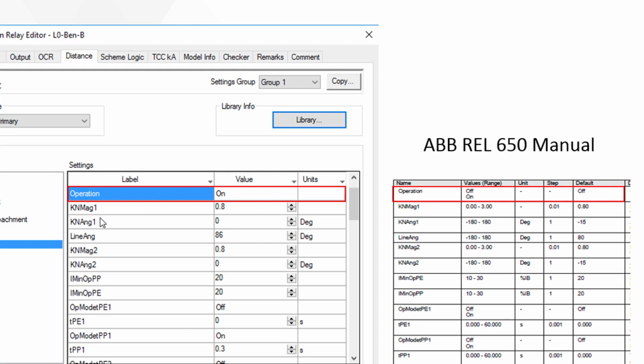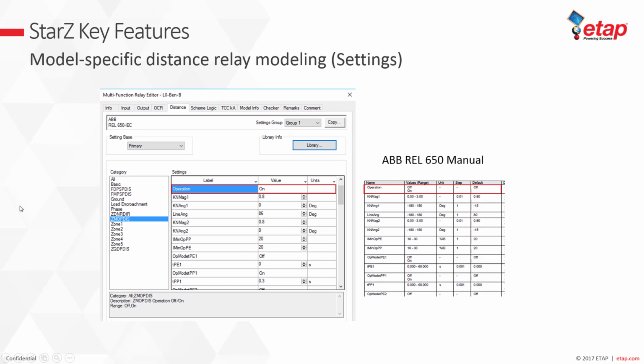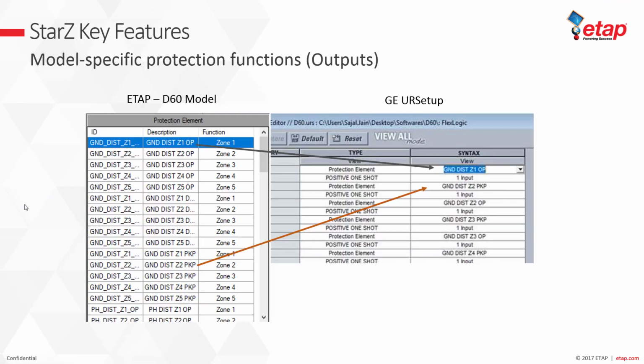You have the zero sequence compensating factor, which is totally different from what you saw on the GE. So it's K0 magnitude 1, K0 angle 1, line angle, zero sequence for zone 2, the minimum current for operations for phase and ground, and you see the same settings, same ranges, default values in the ETAP side and in the manual. Now the settings are the same.